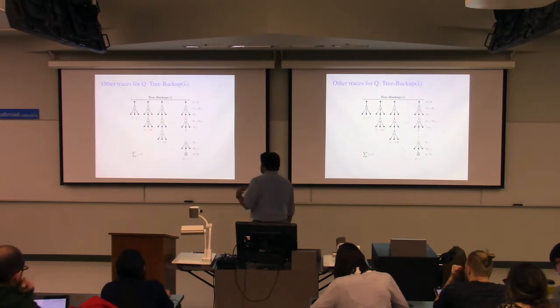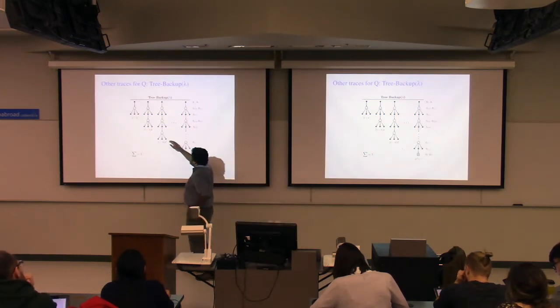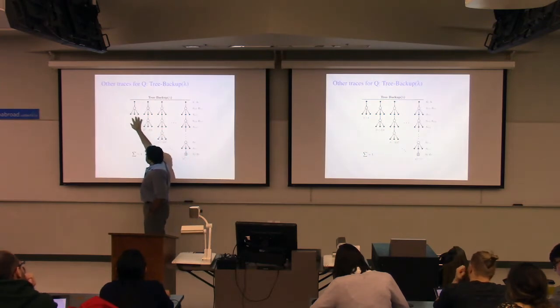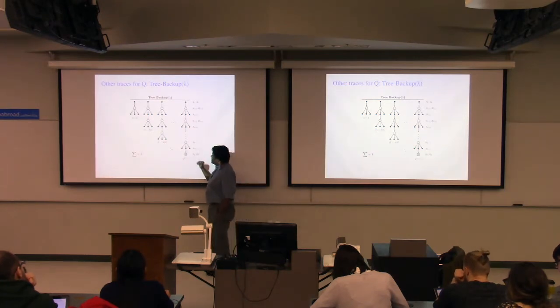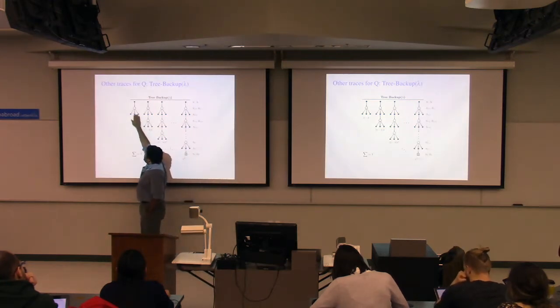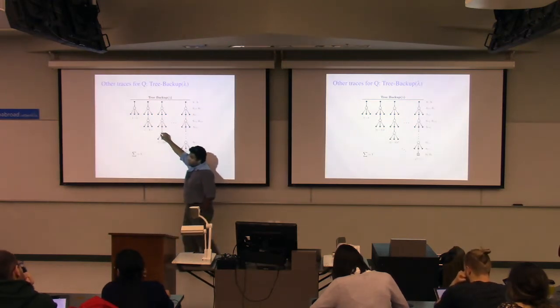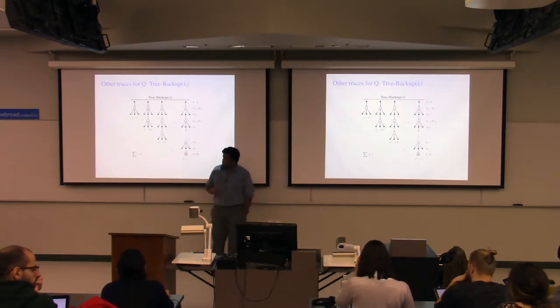So the tree backup, well, maybe you've seen this. Here what we're doing is considering trajectories of various lengths, up until the end of the episode. We're again weighting by lambda, but here it's considering all possible actions at each stage along the way.